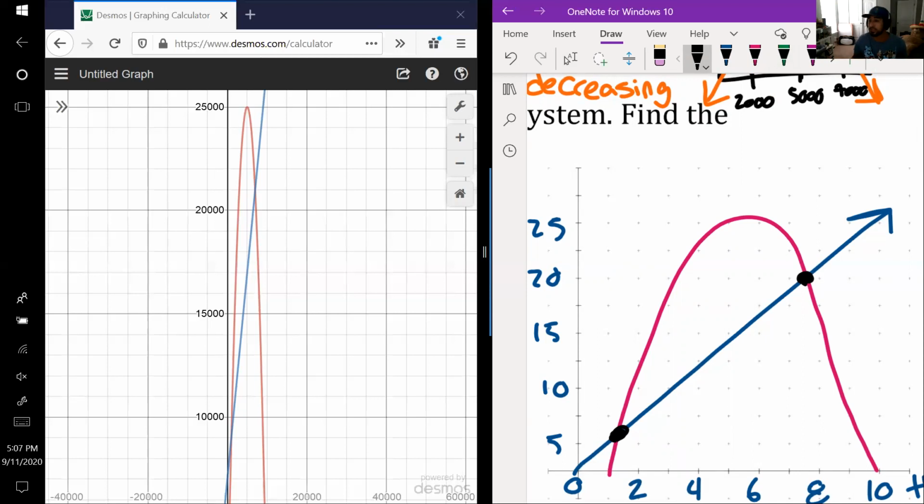And to find those exactly, well, let's look back at the Desmos graph, and I'm going to click right where they intersect. Click that point and look at that beauty. So that means this point is 7,000 and 21,000.